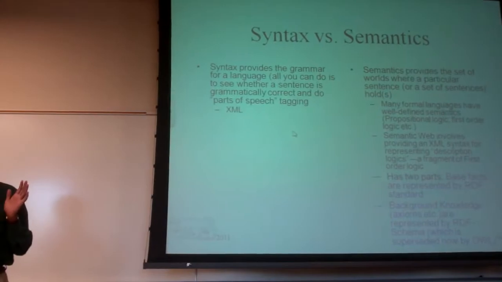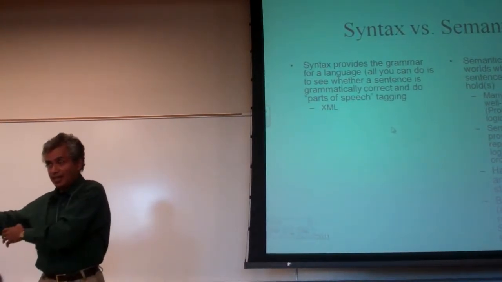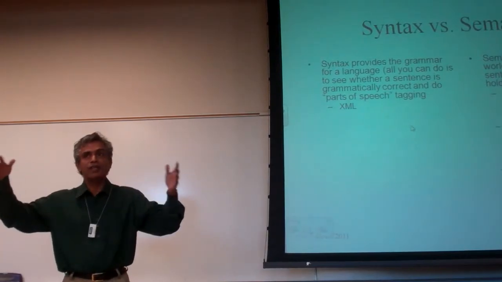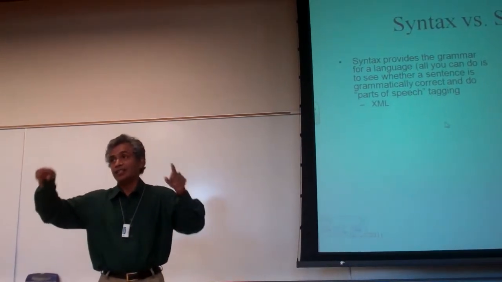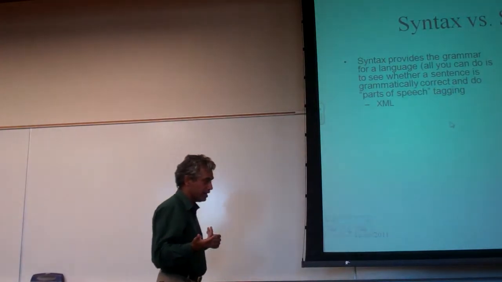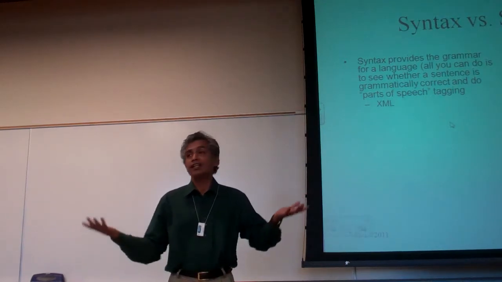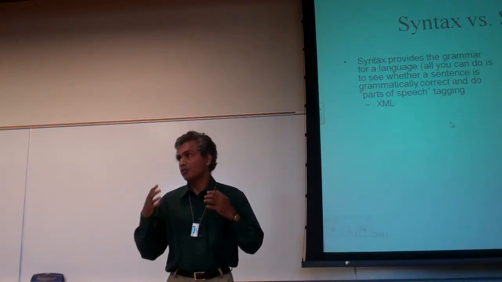The meaning of another sentence is the set of worlds where that is true. The conjunction of meanings of two sentences is the intersection of these worlds. If a sentence has no meaning, that means there is no possible world where it is true.